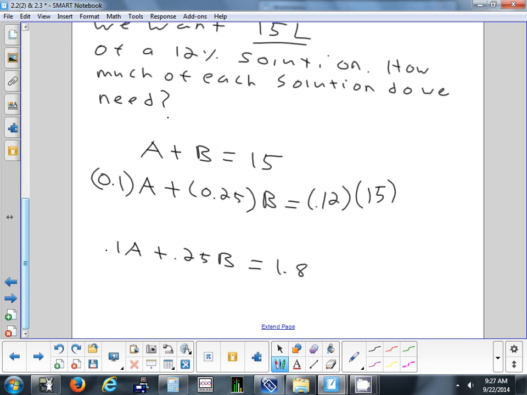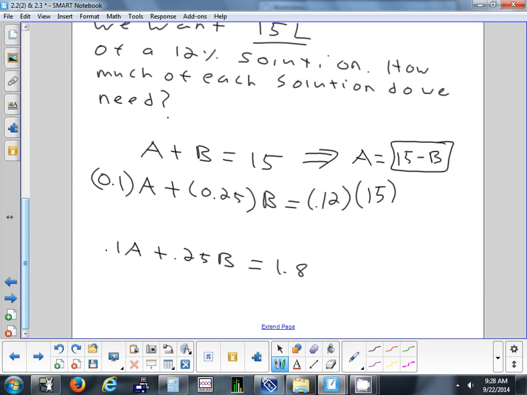You solve for one of the variables. Sure. Let's solve for A. What would A equal? Carly? 15 minus B. 15 minus B. And this is the part where you probably could have done the substitution in your head.